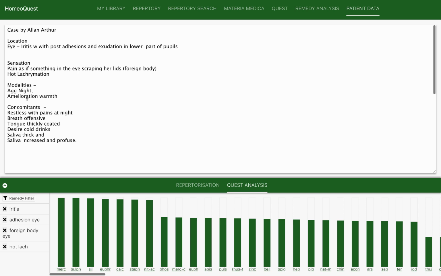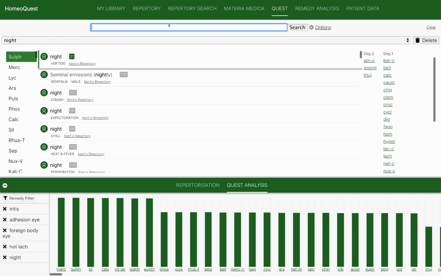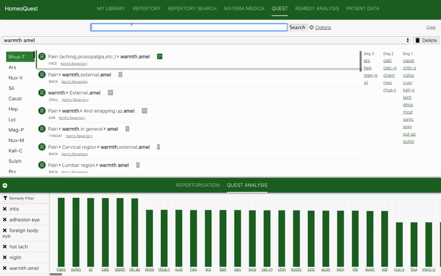We have aggravation at night and amelioration by warmth. I'm going to generalize it. So we're going to put in night as a rubric because we need everything happening at night. It's a big broad rubric, and we need the top remedies for aggravation at night, and then we want warmth ameliorates. All right. So the top remedies for warmth ameliorates.